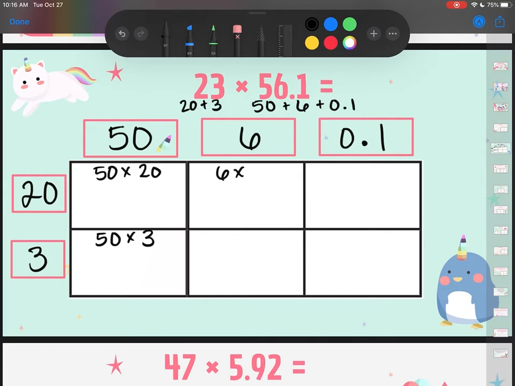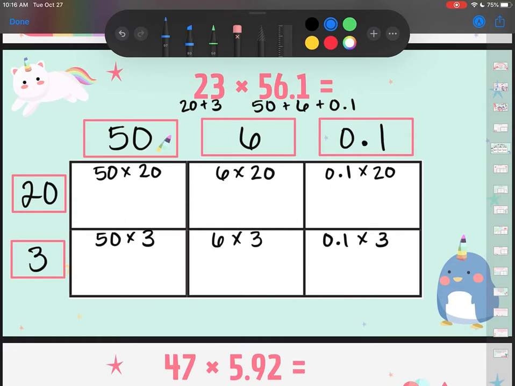My next column is my 6s, so that's going to be 6 times, we're in the 20s row, so 6 times 20. And then I'm still in my 6 column, so it's going to be 6 times the row, which is 3. And then for my 1/10, I'm in my 10ths column, so it's going to be 0.1 times the row, which is 20. And then I'm still in my 1/10 column, so 1/10 times the row, which is 3.